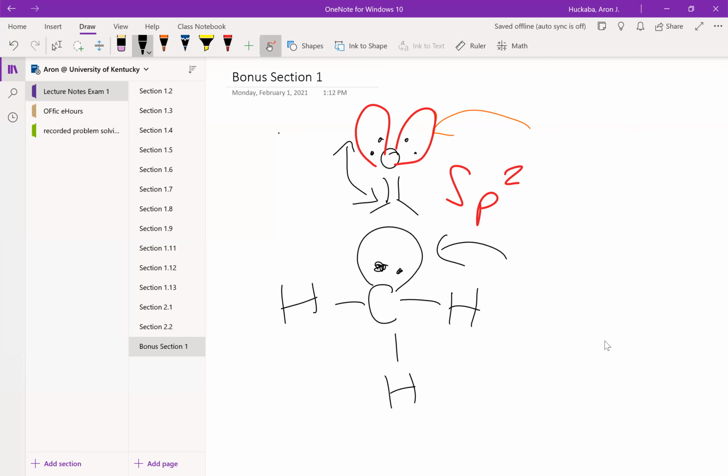Well, hopefully you've seen that the hybridization there should be sp3 because a carbon with three bonds and a lone pair is tetrahedral, and the carbon itself is sp3.